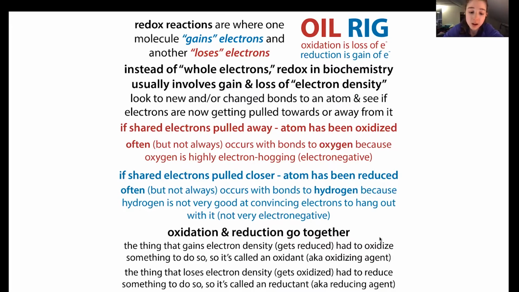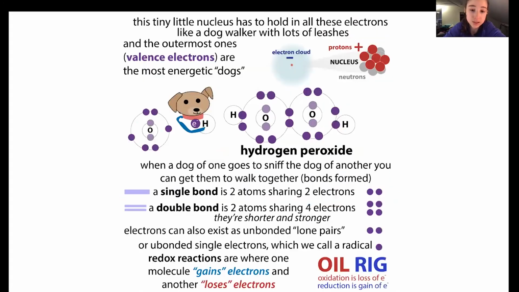For the sake of this post, especially because we can actually see this happening with the oxygen, we can just think of the gain of a bond to oxygen as oxidation, although it's not always involving a bond to oxygen. And oxidation and reduction always have to couple, because if something's being oxidized, something else has to get reduced.